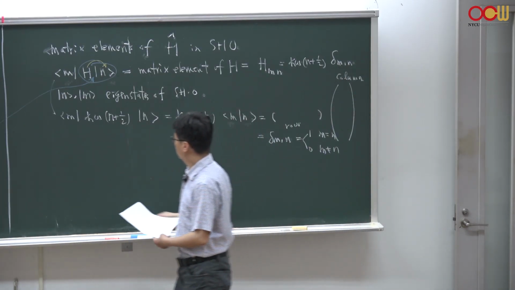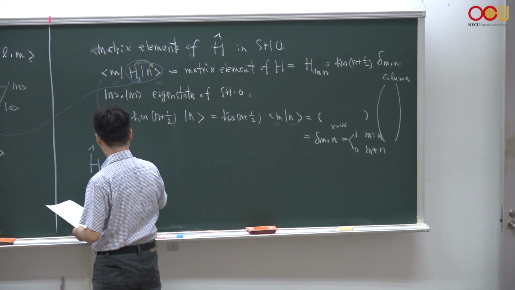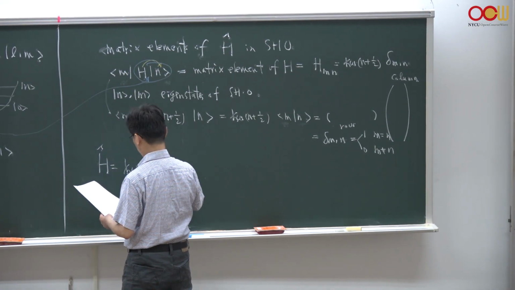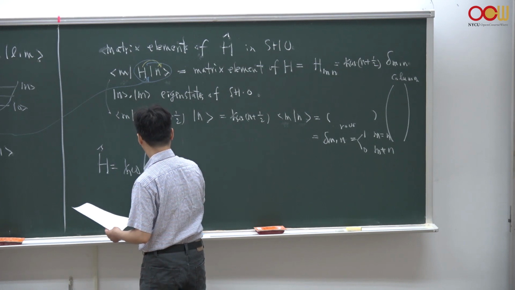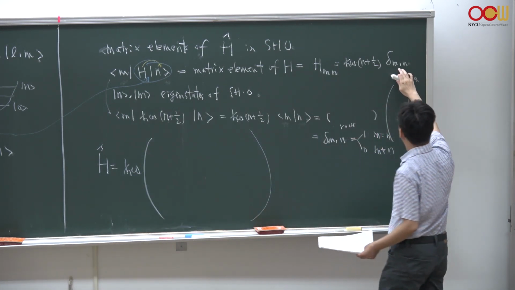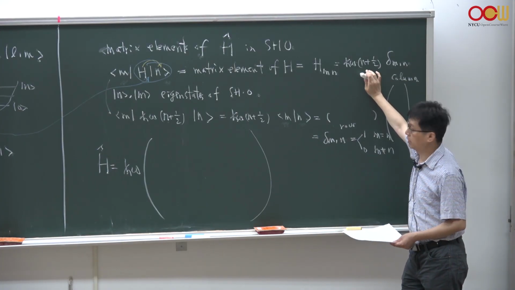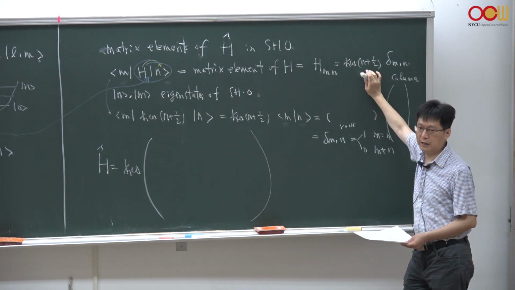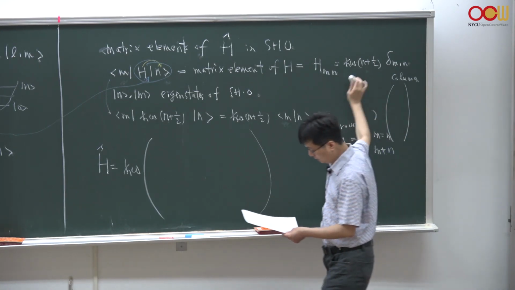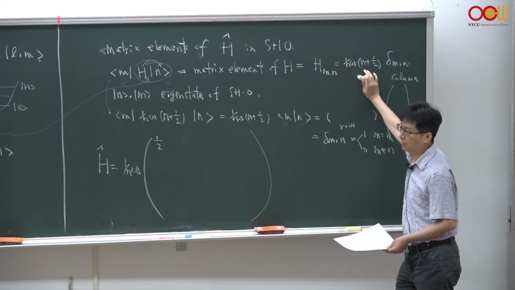So now you are able to really construct the matrix representation of a harmonic oscillator Hamiltonian, which is this big matrix. The ground state corresponds to the n equals 0 state, where the matrix element is simply your eigenvalue, eigenenergy, 1/2 h bar omega. The first excited state is what? 3/2 h bar omega.